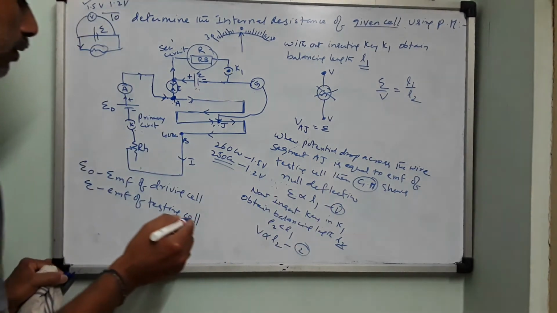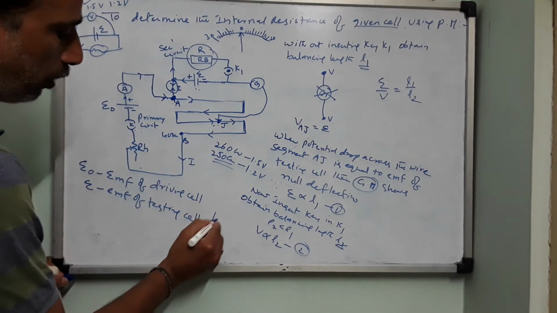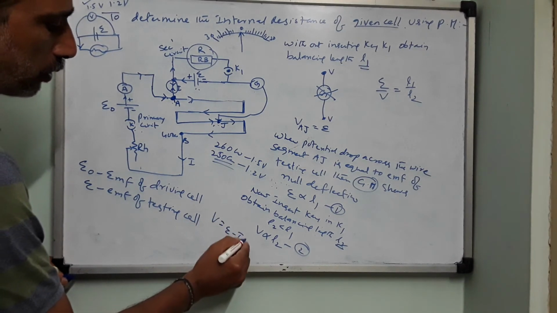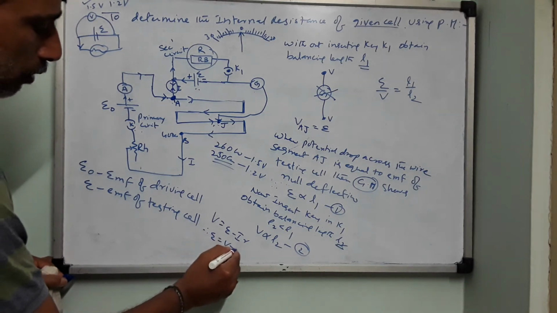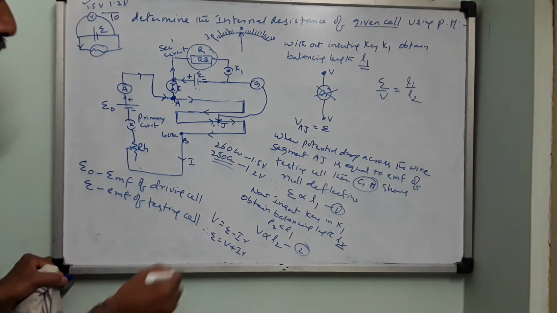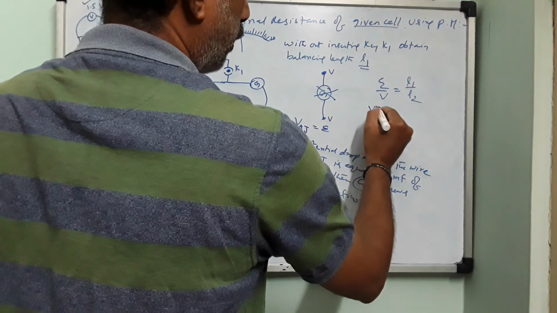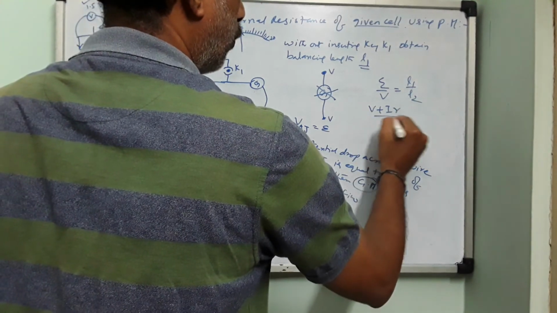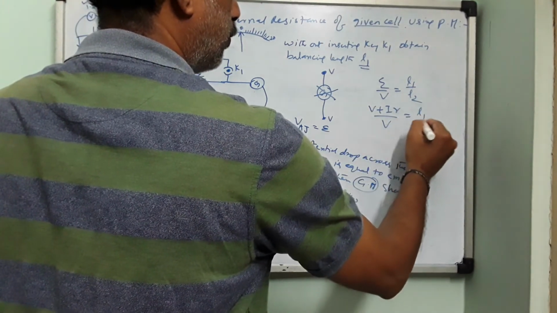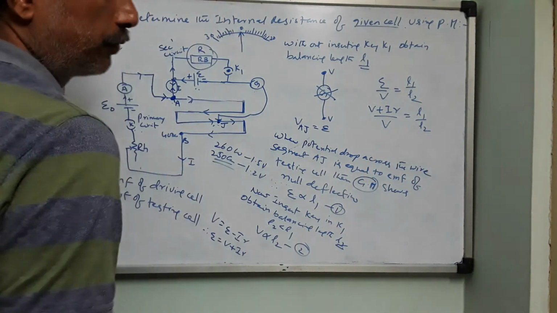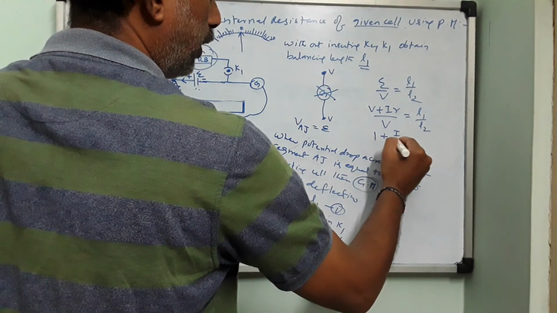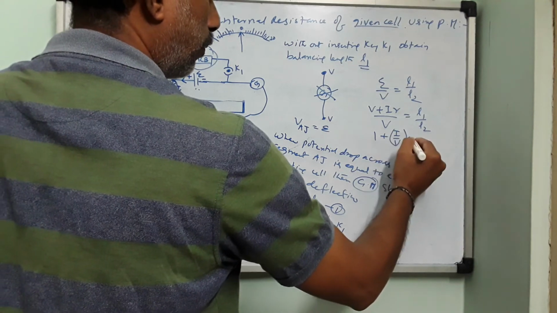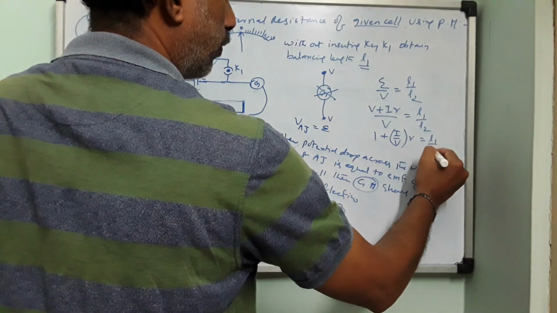But you remember this equation, what is that? V equals E minus Ir. Therefore, E equals V plus Ir. So in the place of E, I will write (V plus Ir) whole divided by V equals L1 by L2. Simplifying, 1 plus (I by V) multiplied by r equals L1 by L2.